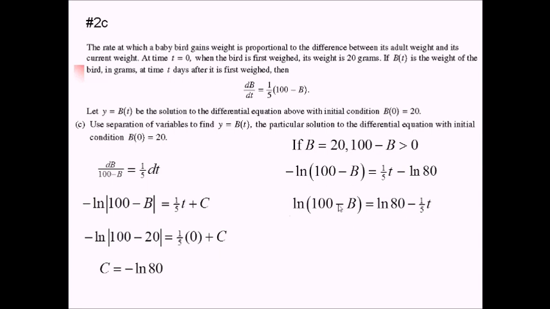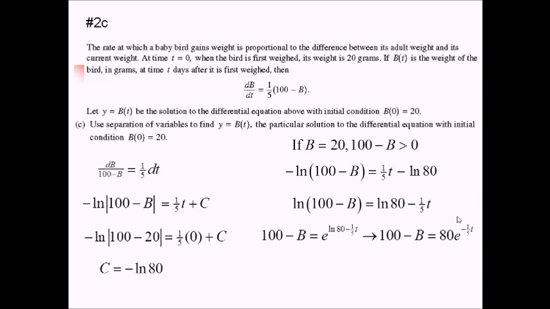So I've got 100 minus b equals e to all this stuff. Now, e to the ln of 80, I can simplify to be just 80 that I can bring out in front. I will still have e to the negative 1/5 t, though. So let me just go ahead and take care of that simplification now. So I have then 80 e to the negative 1/5 t.